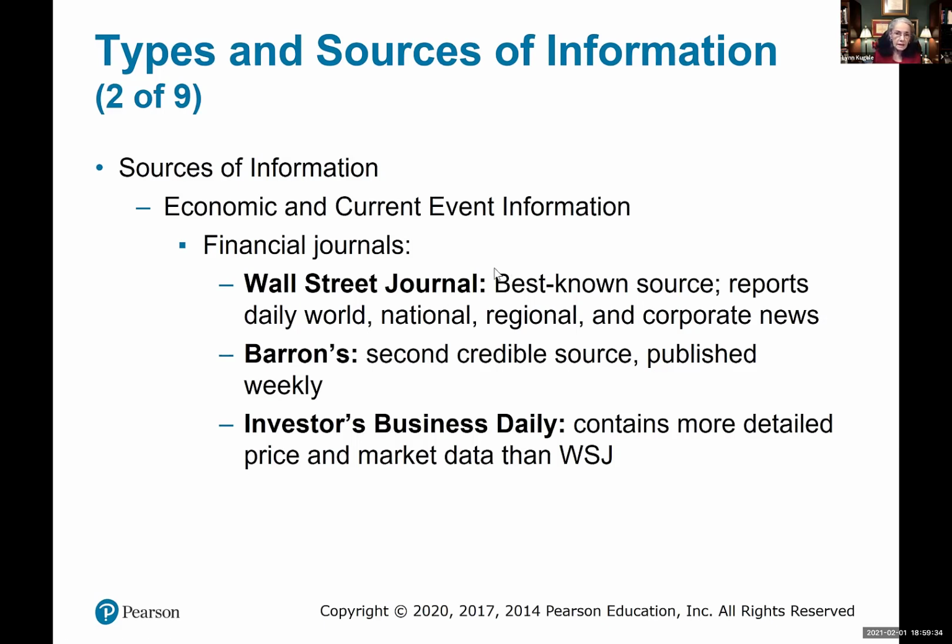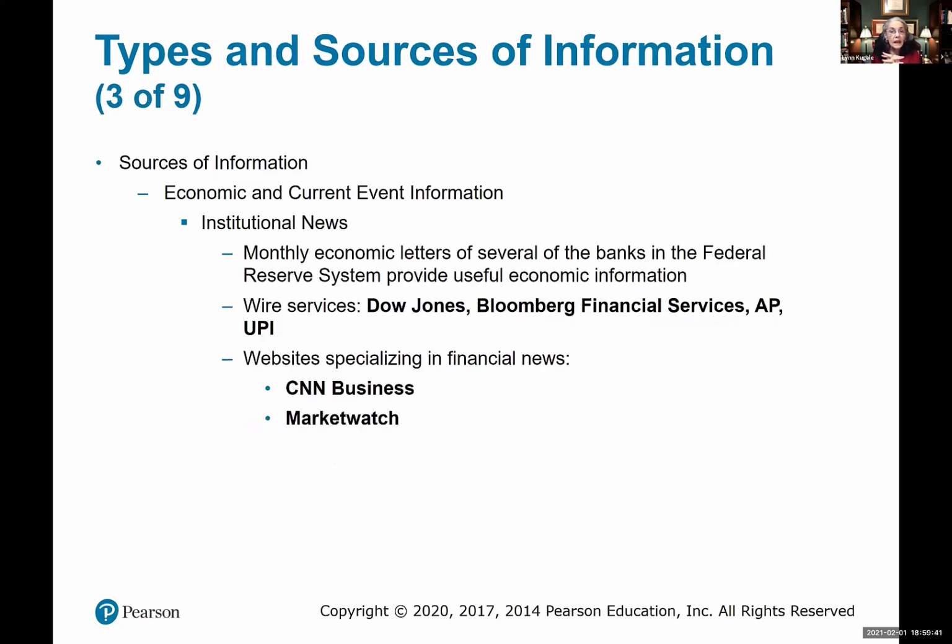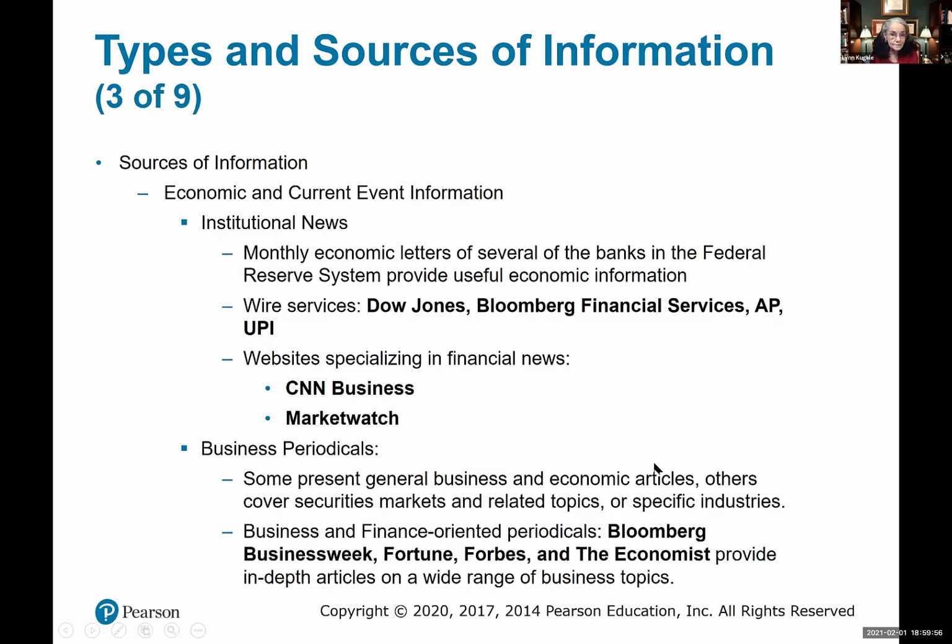The Wall Street Journal is kind of general. They have corporate news, daily national news, all that kind of thing. Economic news: there are monthly economic letters from the Fed, and those are free. Dow Jones, wire services, Bloomberg, websites specializing in financial news, CNN, MarketWatch.